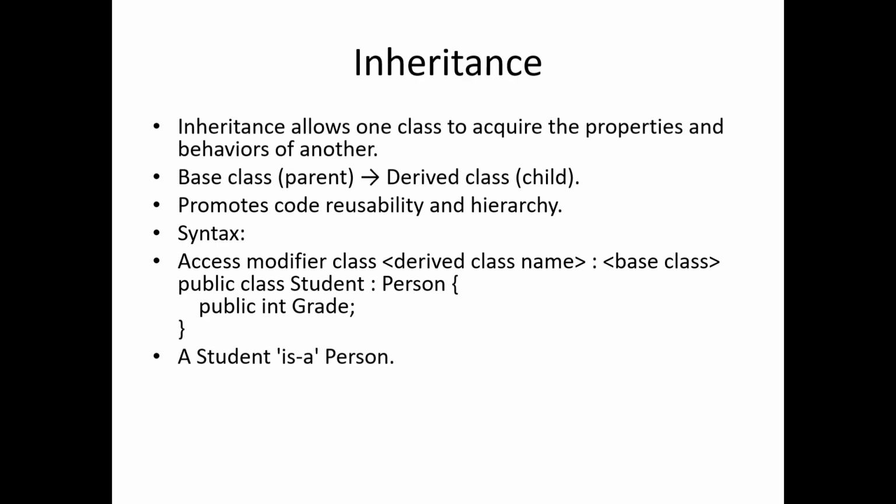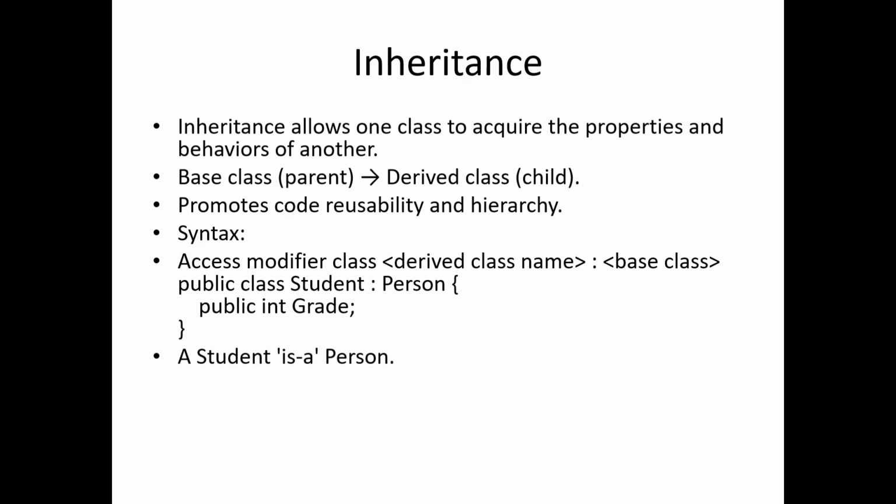So we can declare the derived class as public class Student colon Person. It means that the student class is derived from the person class. Now student will inherit the attributes of the person class. The person class had name, contact, and address, and the student has a special attribute called grade.